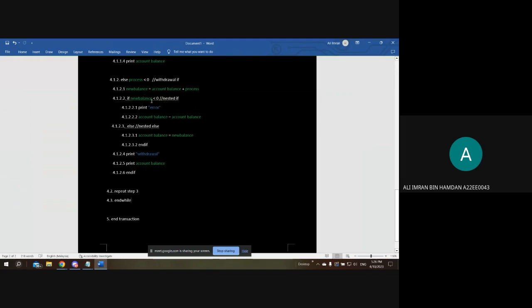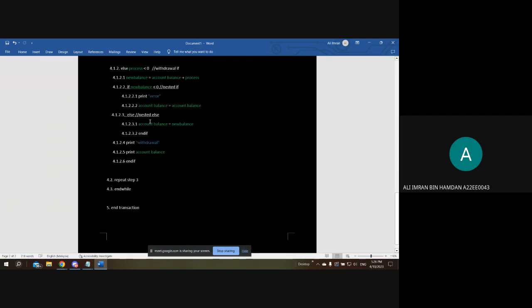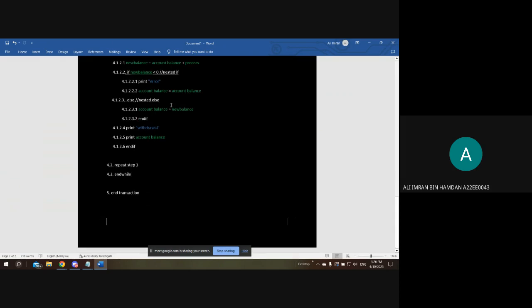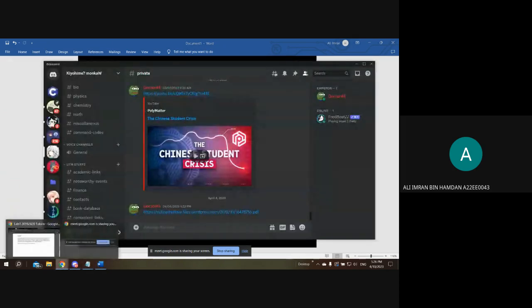If the new balance is less than zero, it means it's negative, just print error. And account balance equals account balance, which basically means don't change the account balance. It remains the same. So that's if the account balance is negative. Next up, if it's not negative, then it's just normal.